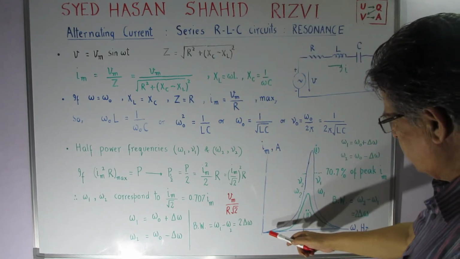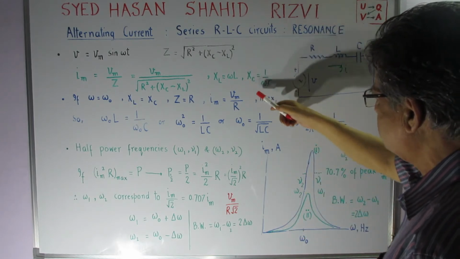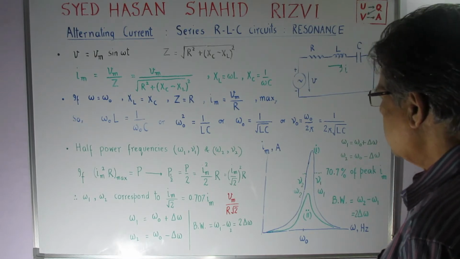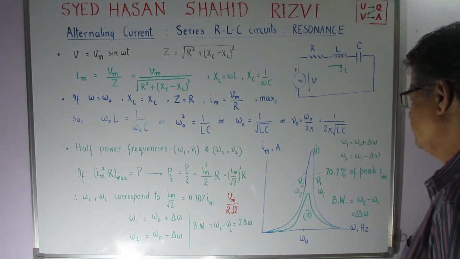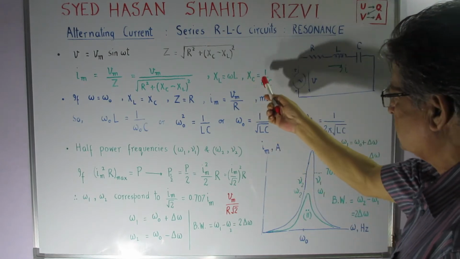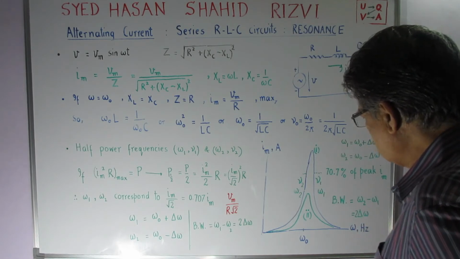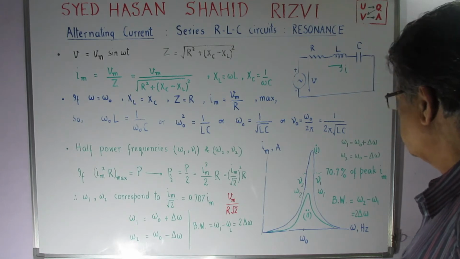As we increase the frequency, the Xc value starts decreasing, and the XL value increases. That kind of a graph for this and this I've already done in the individual exercises of inductor and capacitor.